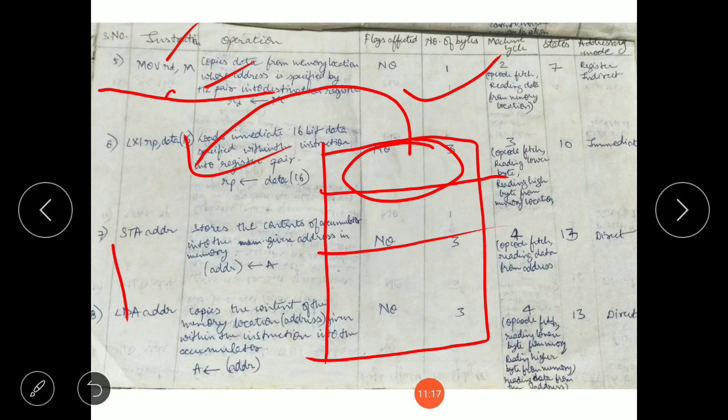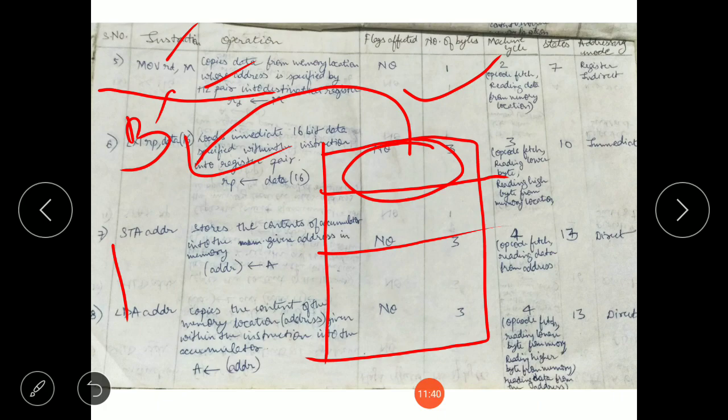For example, register B. And which memory location? The address is given by the HL register pair content. So the HL register pair is already within the microprocessor, so the address is already with the microprocessor.